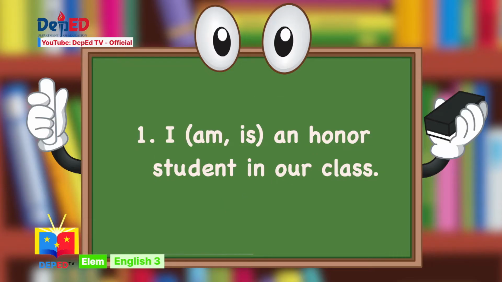Number 1. I am, is, an honors student in our class. What is the correct verb for this sentence? Correct! The answer is am. I am an honors student in our class.